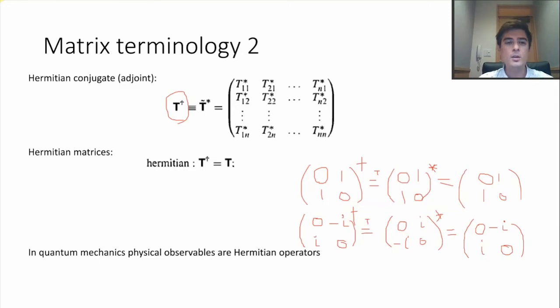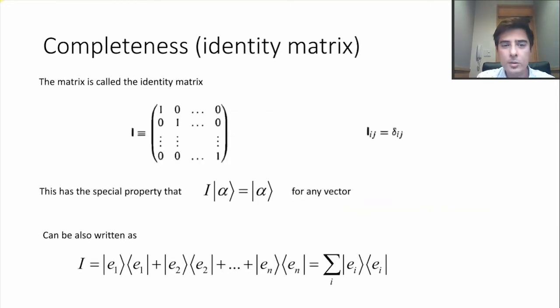Okay. So let's talk a little bit more about some other types of matrices. There are some other special matrices. The first one that we'll look at is the identity matrix. The identity matrix is nothing but the matrix where you've just got ones on the diagonal and zeros everywhere else.